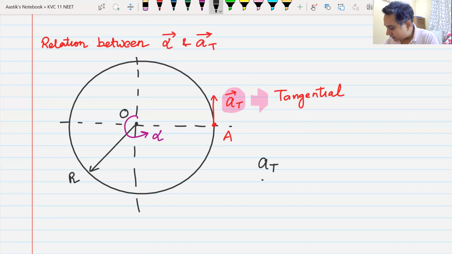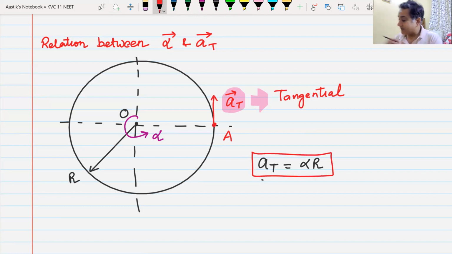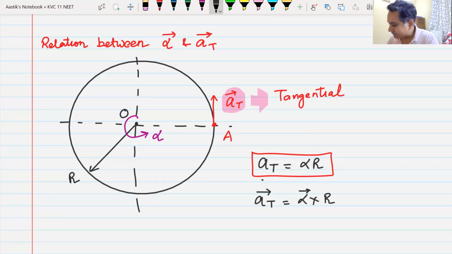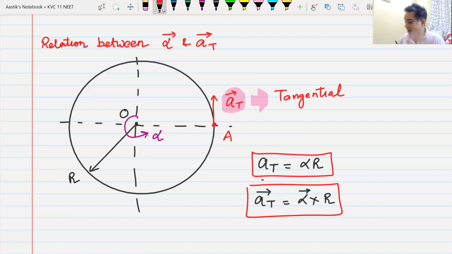Tangential acceleration AT is alpha into r. This is the scalar relation. You can also write the vector relation. The vector relation will be AT vector is alpha vector cross with r.